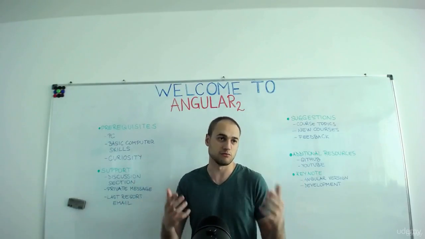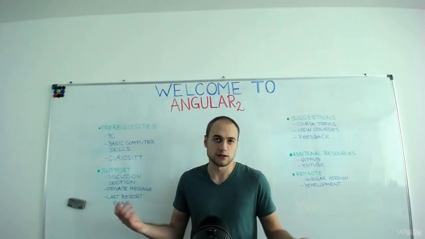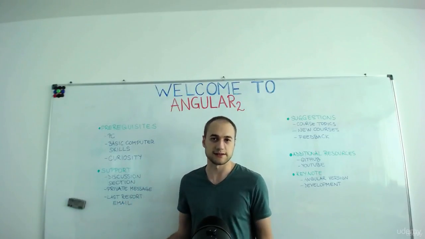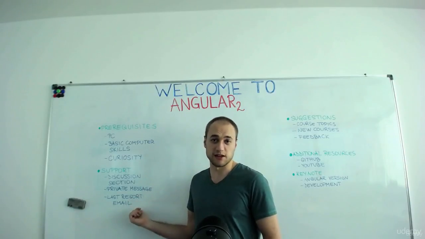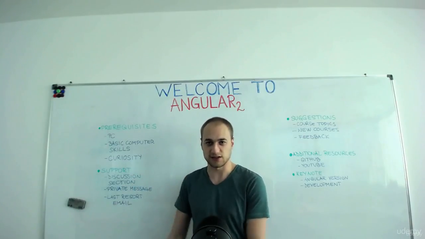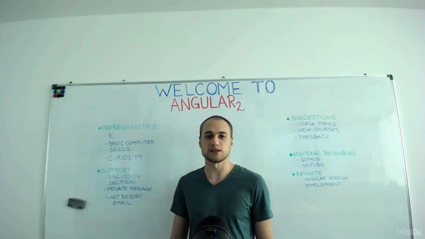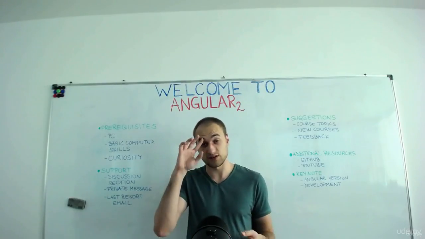In the discussion section you post, and there is somebody who is continuously checking it throughout the day, and if they see it, they're going to reply immediately. If not, probably just the next day. Last resort, you can send me an email. This is the last possible resort. So use the discussion section. If that really doesn't help in any way, send me a private message, and if you can't reach me via private message, just send me an email.